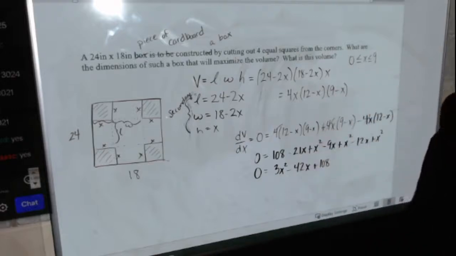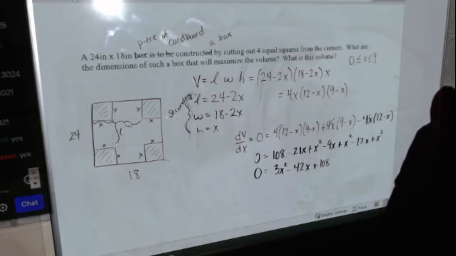So does 3 go into 108? Okay, does it go into 42? Sweet, so let's take out the 3.